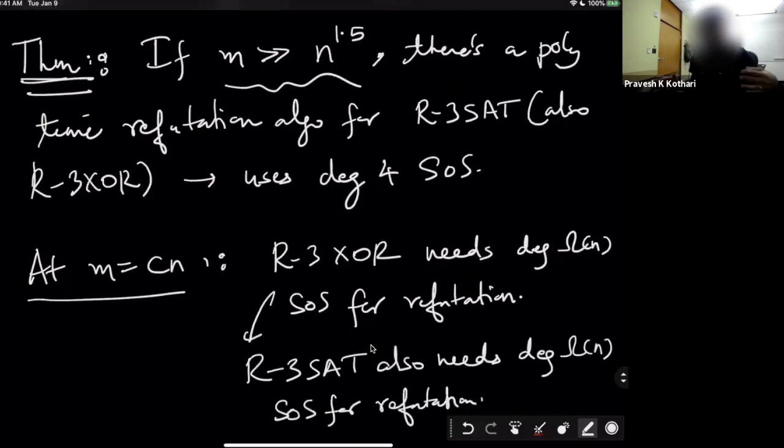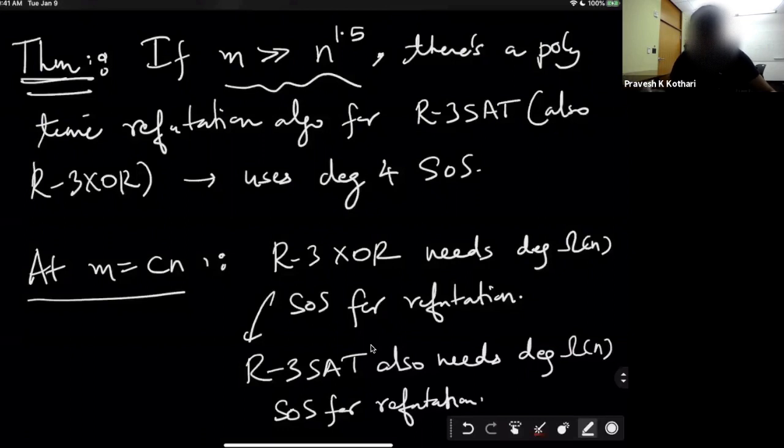So now we have these 2 regimes, right? The stuff that we already did implies that if you have only theta n constraints, like m equals cn constraints, then at least the sum of squares algorithm needs degree omega n, and therefore time exponential in n, in order to refute or prove unsatisfiability of this random CSP instance.